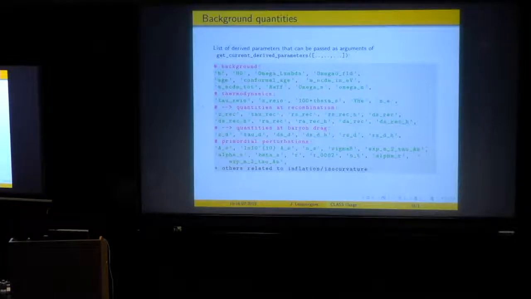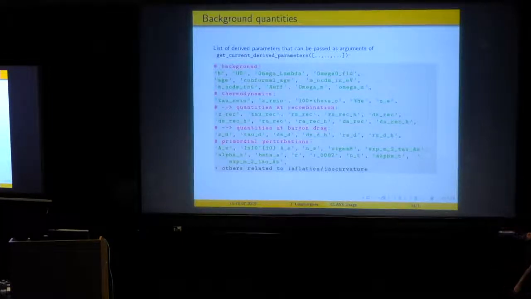N effective will be determined for you by summing up the contribution of the massless neutrinos and the massive neutrinos. Omega m by summing up all the non-relativistic species. So it's interesting to extract them after CLASS computes.